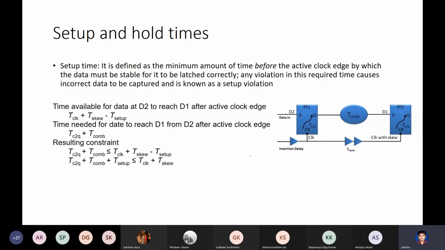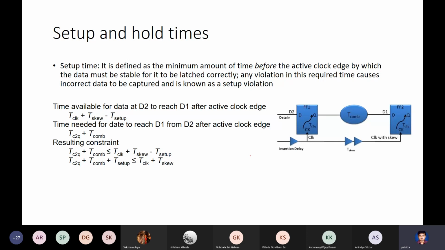The first one is the time available, within which D2 should reach D1, and the second one is the time needed. This time is required for the transfer, and naturally the time needed should be less than the time available.